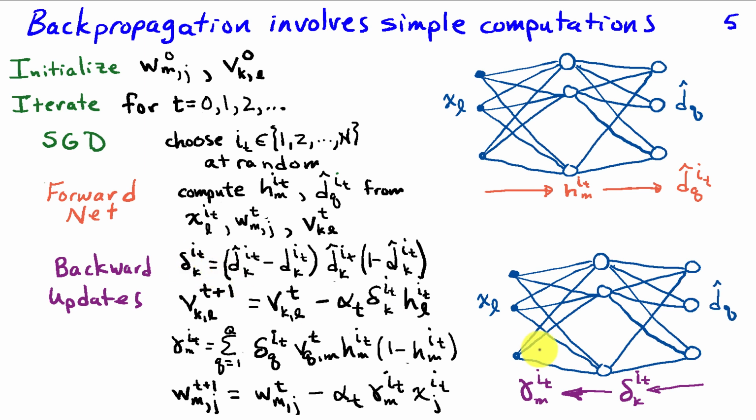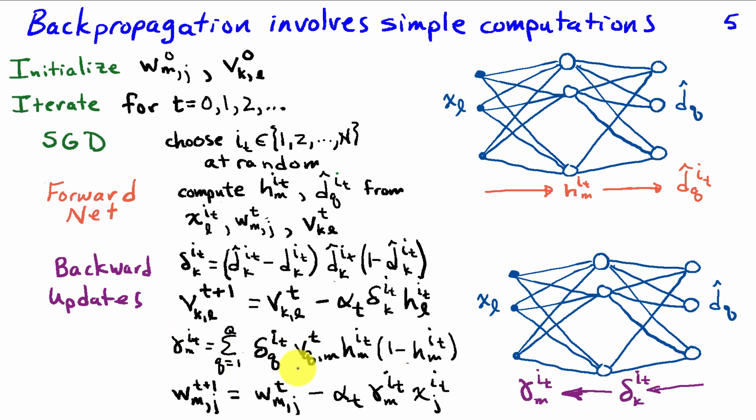We're going to update the weights at the output layer, these v's, by first of all finding this error term delta k sup i_t, which involves the difference between the predicted label and the true label, and that leads us to updating the v's. And we can take this error term and propagate it backwards to find the corresponding error terms for the previous layer. So given the delta k at i_t, we can find gamma m i_t.